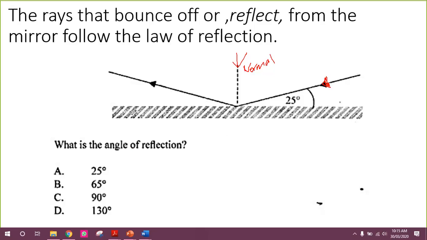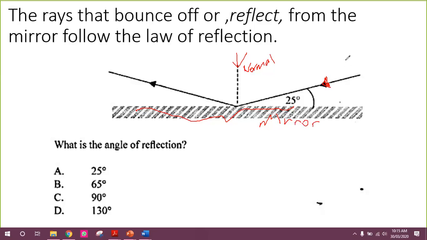This here is the mirror, the shaded surface. That's the mirror. And this is a ray of light that's striking the mirror.